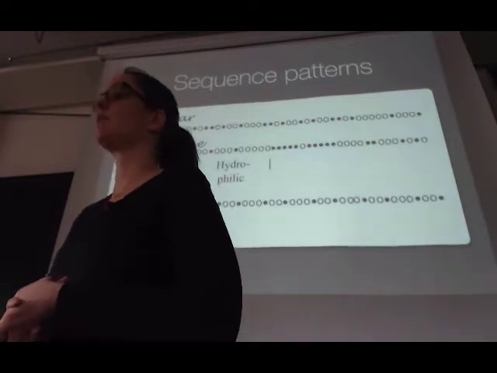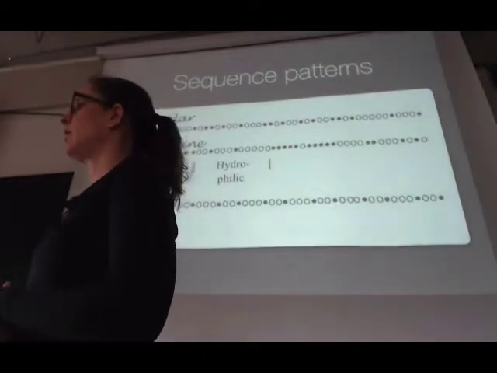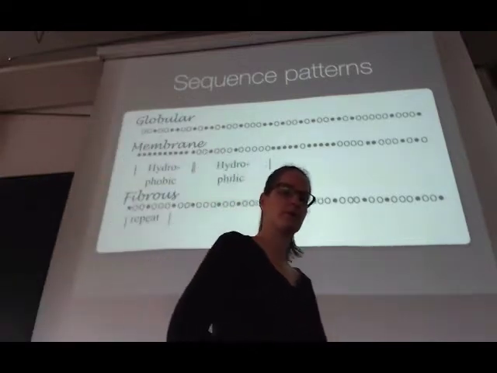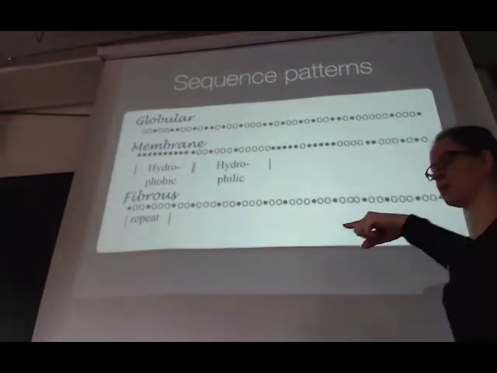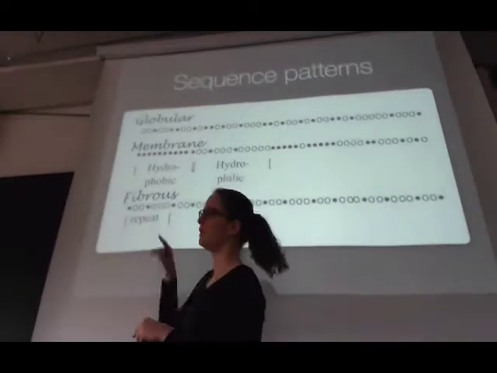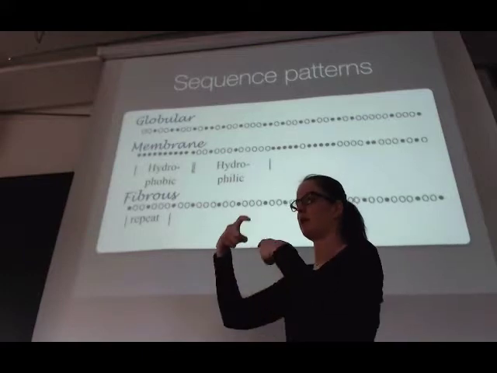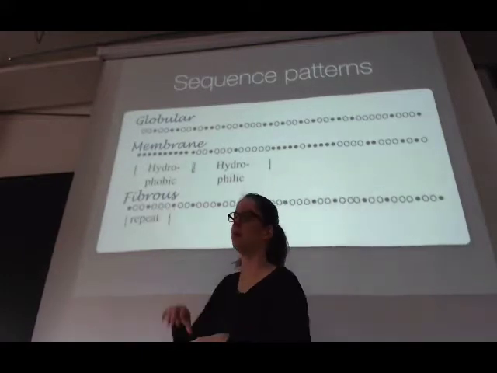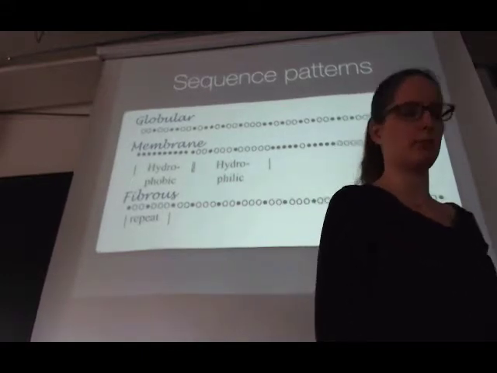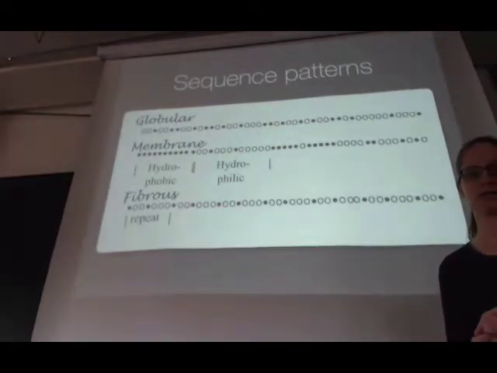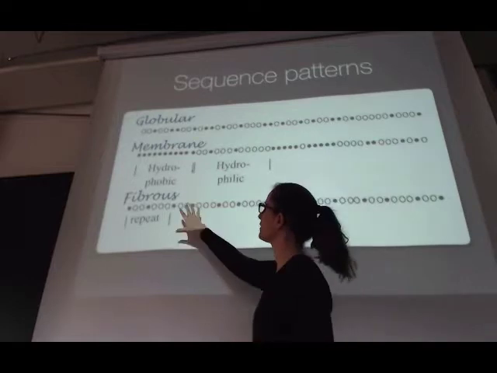You also talked about silk, maybe. So if you take one repeat, it doesn't form anything, but then if you start having a repeat next to it, and next to it, and next to it, then you have something that starts appearing, some structure. And so this is for fibrous proteins.